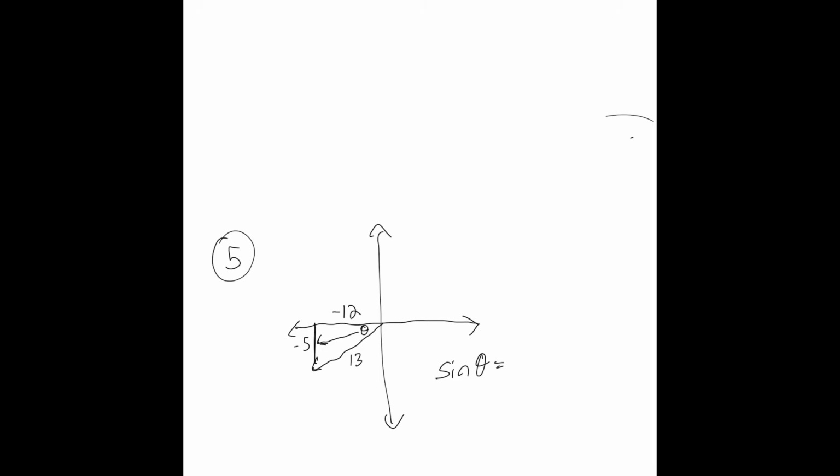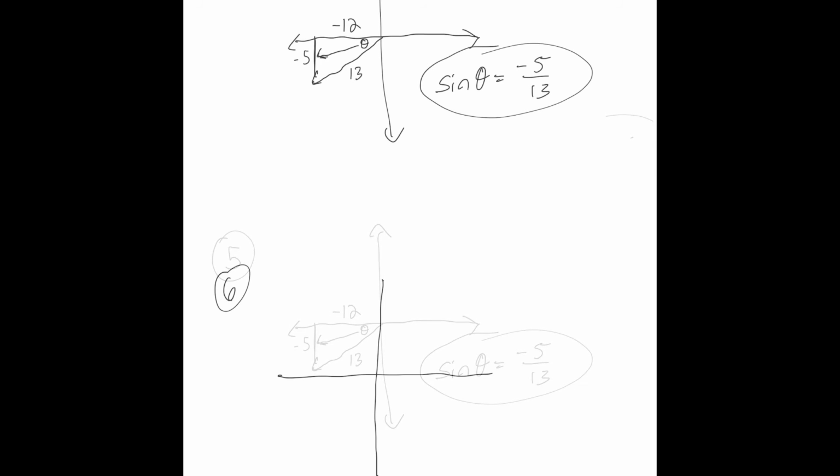Opposite over hypotenuse, negative 5 over 13. All right, number 6, just like number 5, gives us a coordinate that the angle goes through, and it's +4, -3, so that'll be my 4th quadrant.